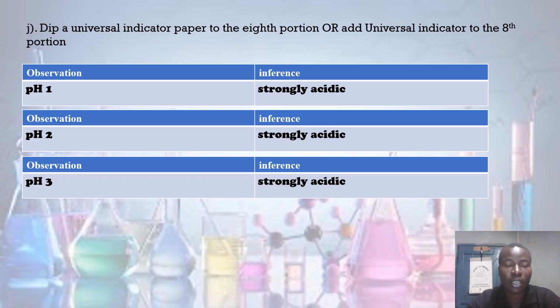So if it's between 1 and 3, your inference should be strongly acidic.